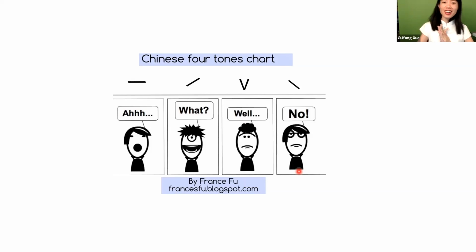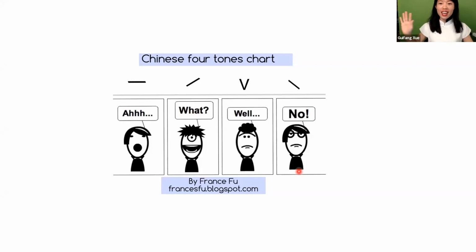And for the third tone, the most challenging one, what I can relate to is like, I'm hesitating to say something, or I'm forced to agree with something, or a compromising tone. Compromise. It's like, well, okay, fine. You're compromising. You're not willing. An unwilling sound. Or you can use your body language to help you.